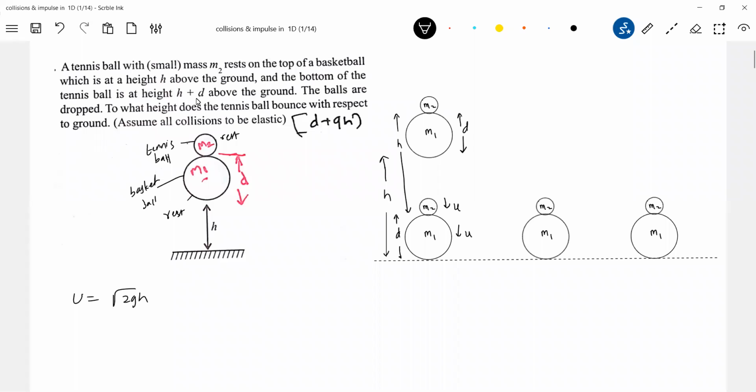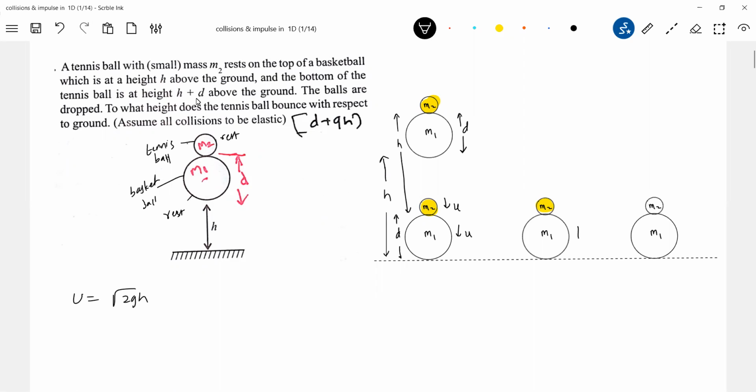So first the basketball will collide. Like this, the basketball first will collide with the ground, no? And it's an elastic collision. So what should happen to the speed of the basketball?